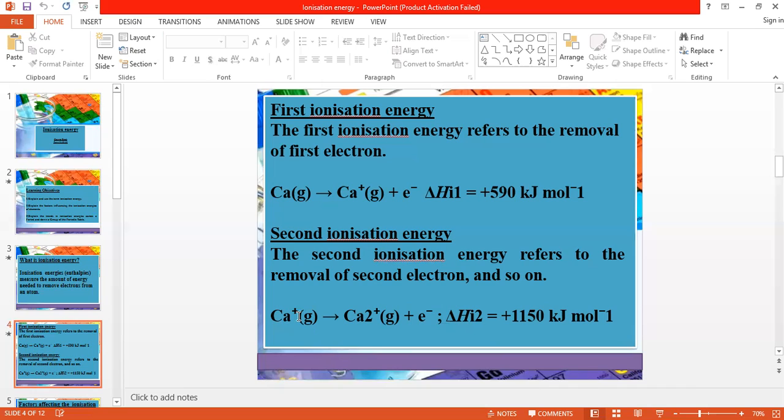First we remove one electron, then we remove the second electron, but from the same ion, that is Ca+ here. So from the same ionic form of calcium, we are going to remove another electron.